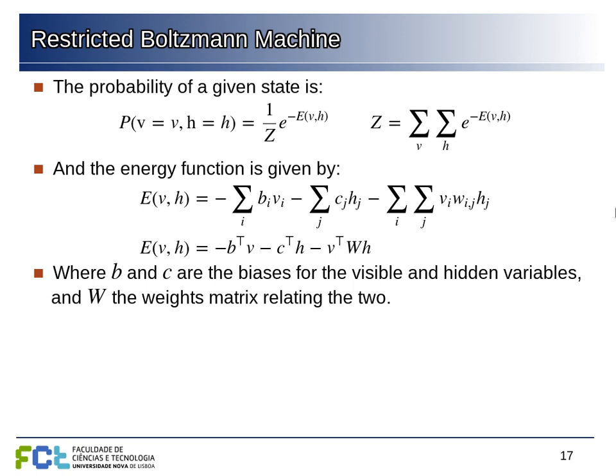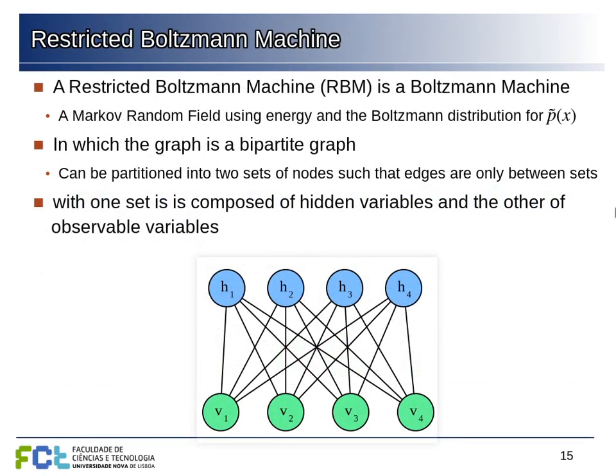Now we can use for the energy a function like this, where we have a bias for the value of the observed variables, and a bias for the hidden variables. So basically these two terms give us the tendency of those values to be high or low, depending on the value that we put there. And then we have the interaction between observed and hidden variables. Remember that in a restricted Boltzmann machine, we only have connections between the hidden variables and the observed variables.